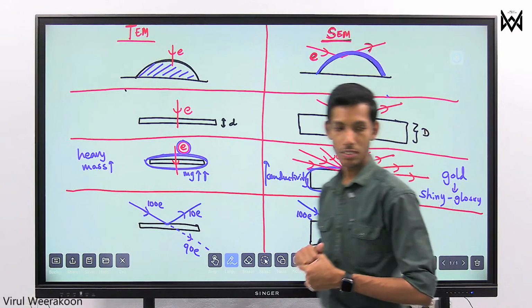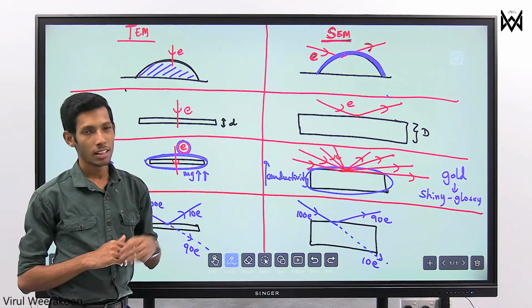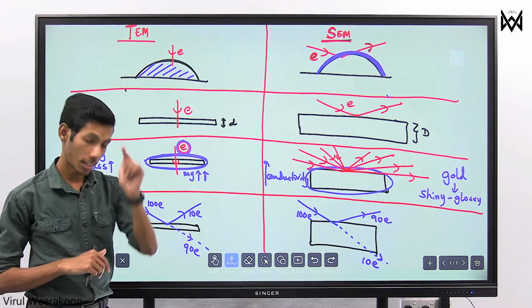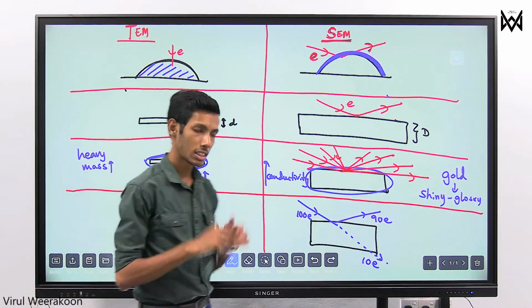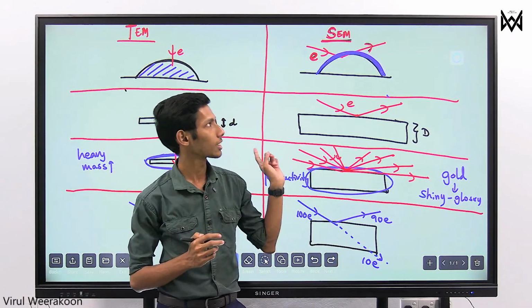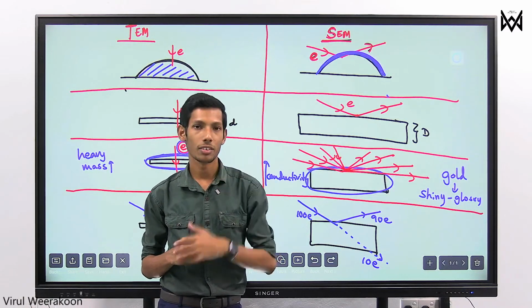So these are the differences between scanning and transmission electron microscopes, and we also discussed the difference between light and electron microscopes. One very important thing: if you are asked to write down the similarities between the transmission electron microscope and the scanning electron microscope, what will you write?